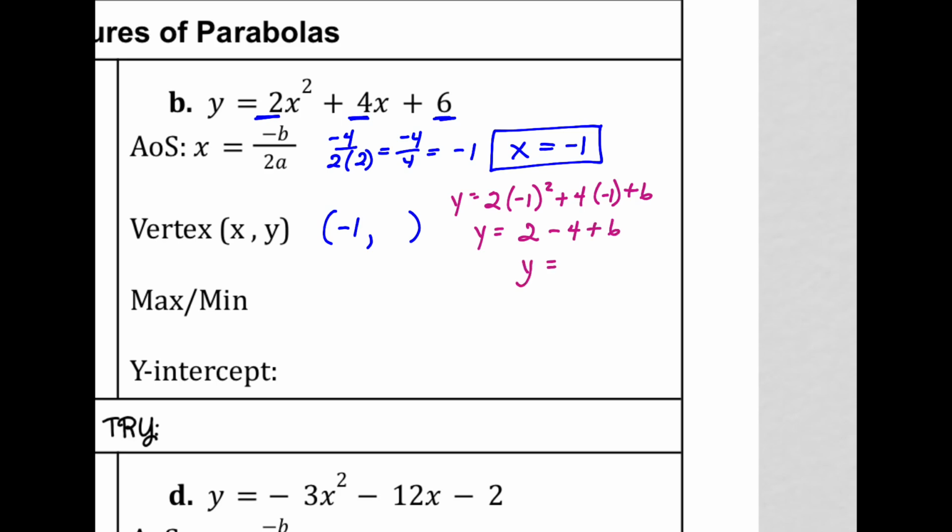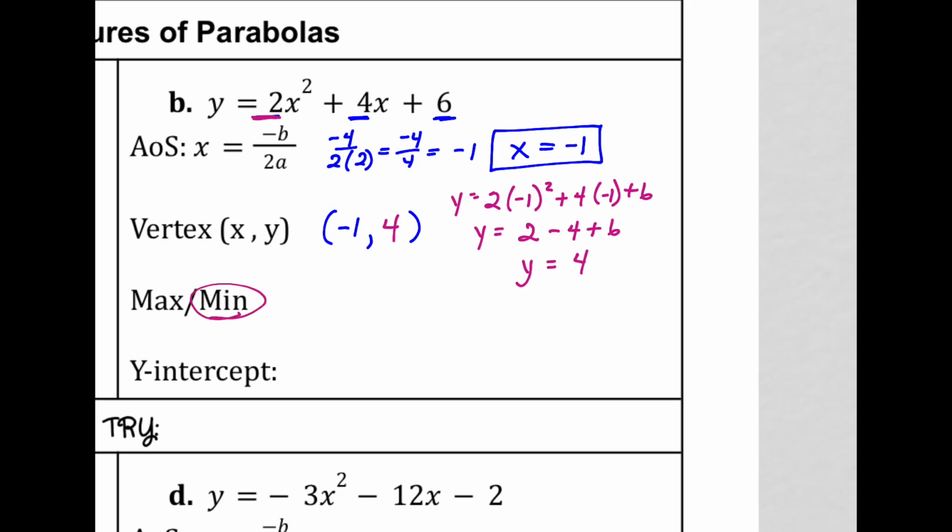So 2 minus 4 is negative 2 plus 6 would be our 4. So our vertex is at negative 1, 4. Our leading coefficient is positive, so that parabola is opening up. So that means that that is a minimum.